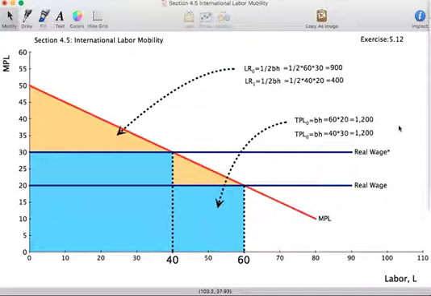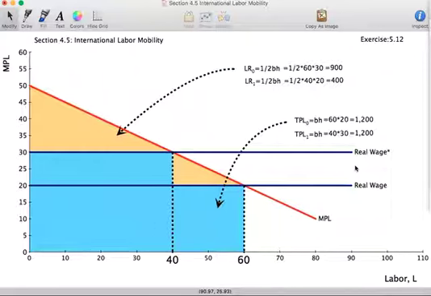So from here, you can see that there was no change in the total payments of labor. The original total payments of labor was equal to 1,200. When the real wage rate went up to 30, we get the same total payments of labor. And let me make sure I change that subscript so it's easy for everybody to read here.